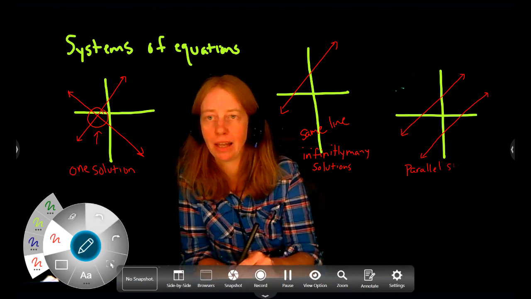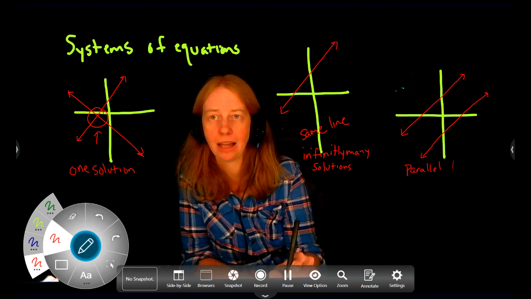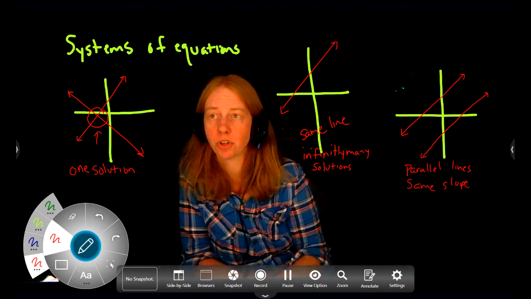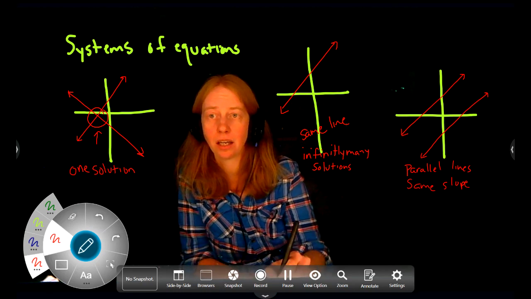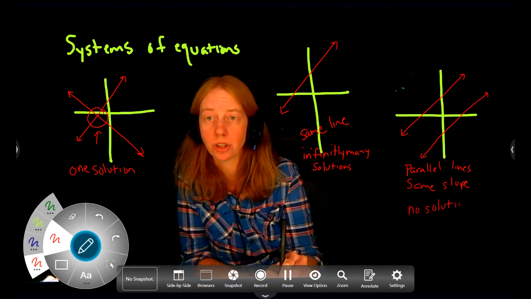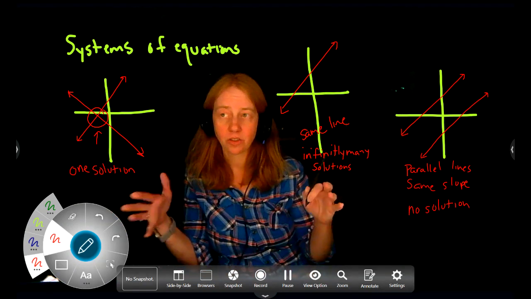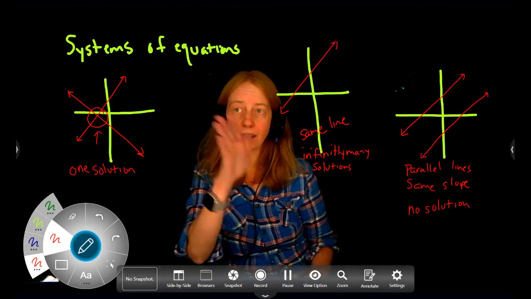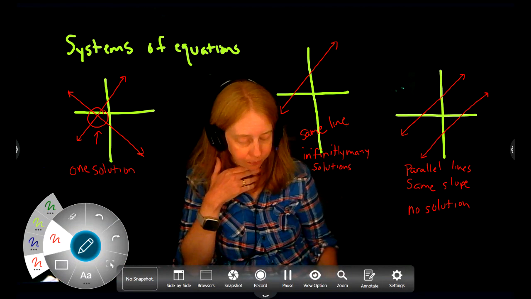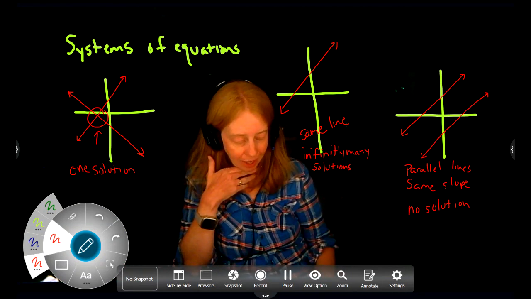Parallel lines have the same slope. You'll learn that when you get to geometry if you haven't yet. And since those never cross each other, we say they have no solution. Okay, so you need to take these notes. You need to know what it looks like for each of these different scenarios and how many solutions they have.